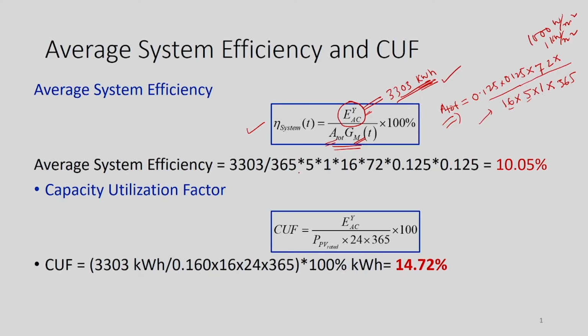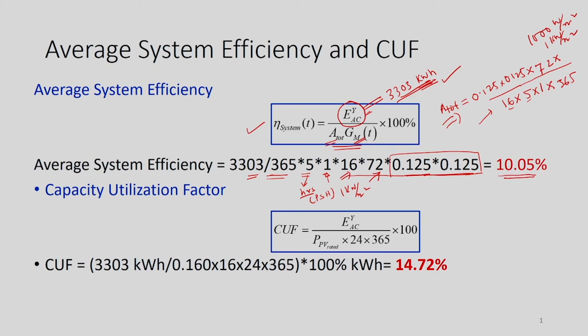That is, 365 into 5 into 1, where 5 hours is the peak sun hour in this continued problem, and 1 is 1 kilowatt per meter square, and then this part is the area of the panel: 16 modules in that panel, then 72 cells, and every cell has an area like this. If we calculate it, we get something like 10.05% average system efficiency.